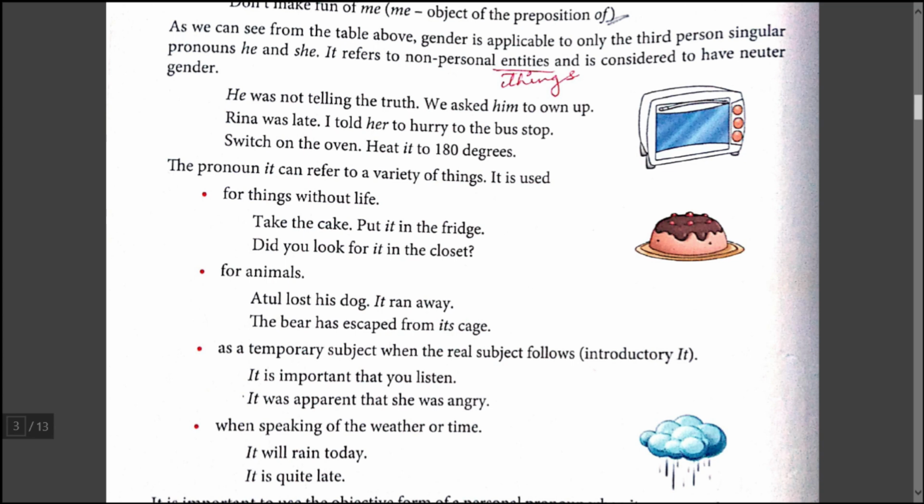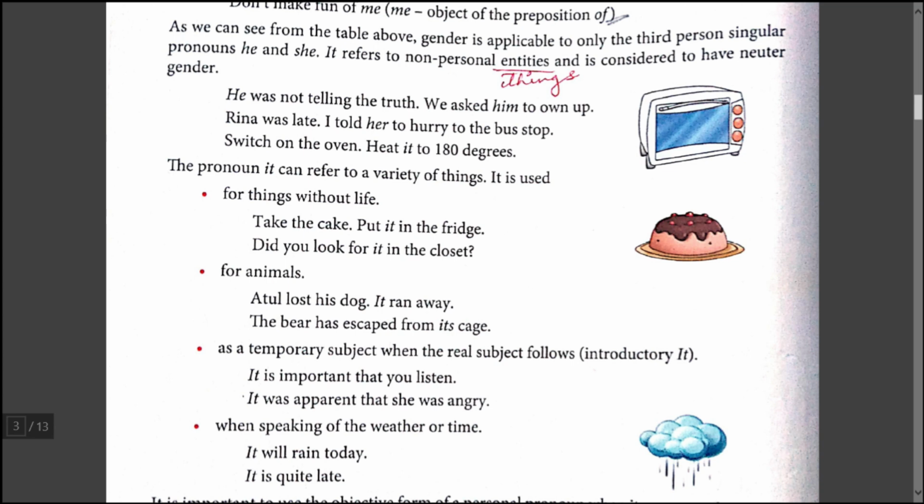Next one, as temporary subject when the real subject follows introductory it. It is important that you listen. What is important? That you listen. So here, first is the introductory it. So what does it denote? Listening.